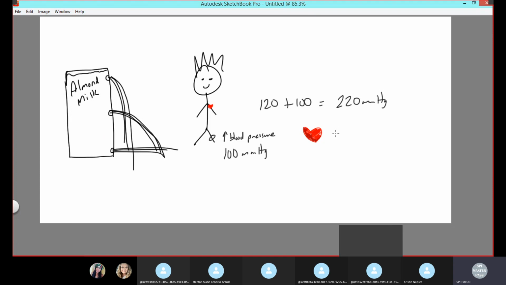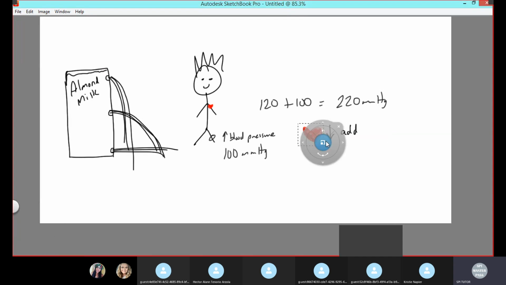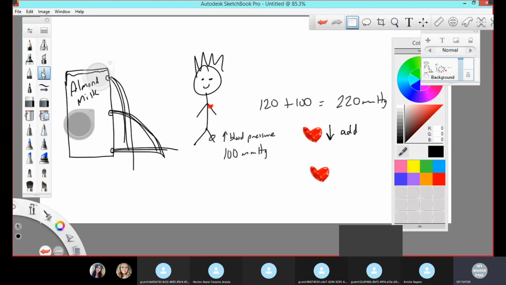So if it's below the heart, okay, you're going to add to your blood pressure because it's adding hydrostatic pressure. Okay, so think of that opening way at the bottom. And I'll spare you, I'm not going to draw this again. I'll just copy and paste it. There we go.